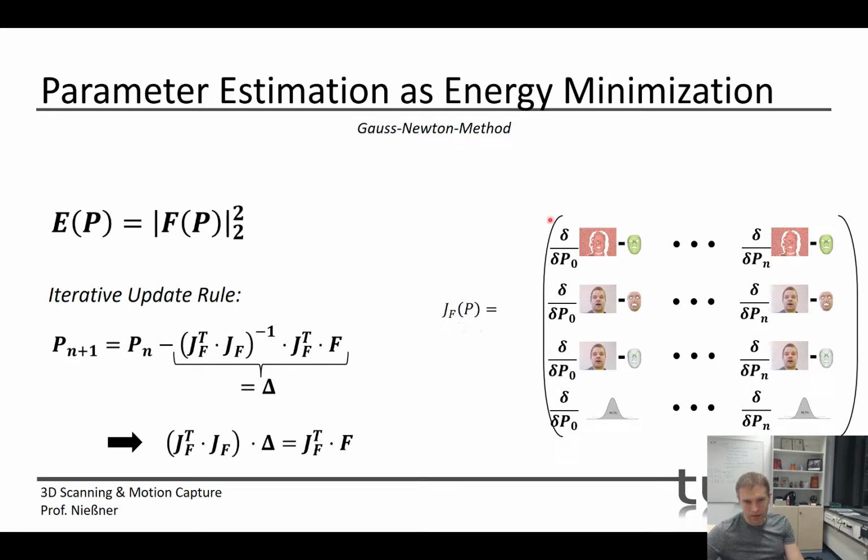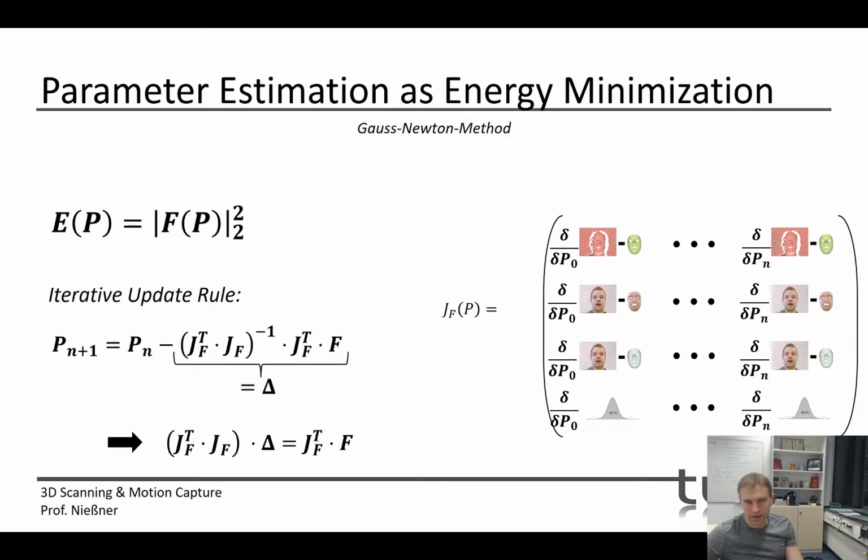Okay, so here we have rows and we have columns. In our Jacobian matrix, every row has partial derivatives, where each entry of the row is with respect to a different parameter p. So here we have p0, p1, p2, p3, p4, and so on, up to pn.